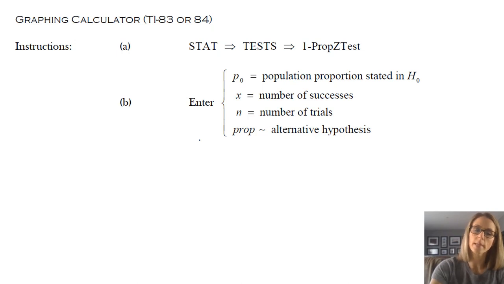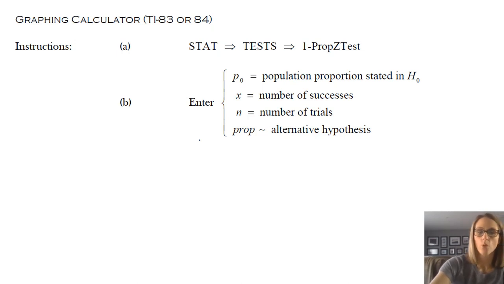And we're going to press calculate. And notice that it gives us the z-score that we found by doing the test statistic. And it gives us the p-value that we found as well by using the table. It gives us the p-hat, which we knew because we found that too. And it tells us our n, but we already knew that. So this gives us everything.